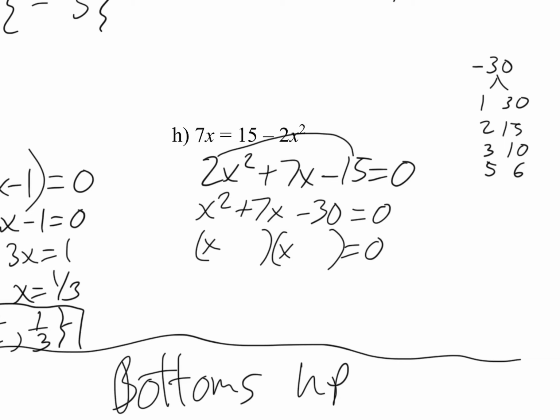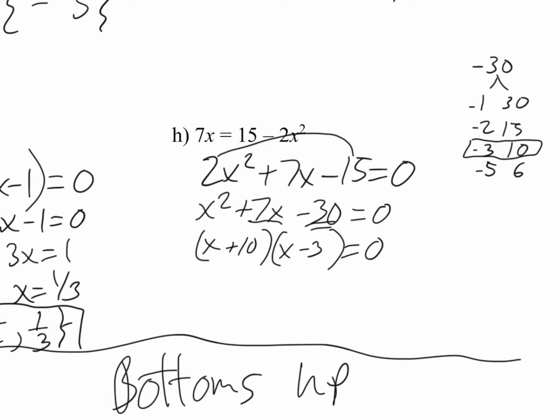You want it to add up to a 7. So it's a negative 30 as well. Because it adds up to a 7, your bigger number should be positive because you have a positive 7. So which one of these gives me a negative 30 but adds up to a 7? The negative 3 and the 10 are the ones that are going to work. So it's going to be a positive 10 and a negative 3.